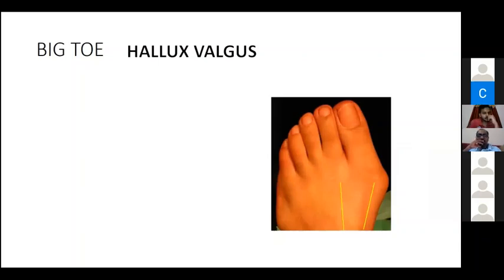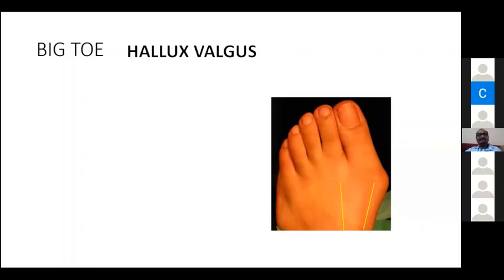Different types of treatment. This is the main question, I suppose, right? There is a short case also.